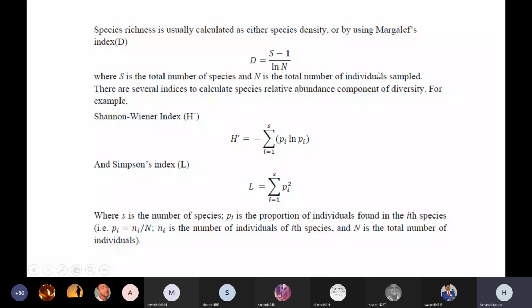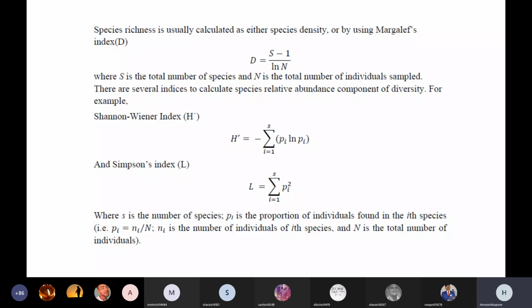So what will species richness tell us? What do we basically understand by species richness? Diversity at that particular place. Yes, so how many species are present in that particular area. That we will find out from Margalef's index.